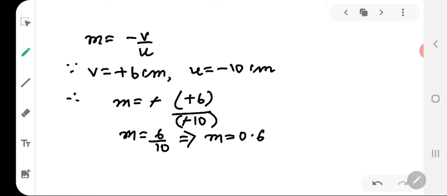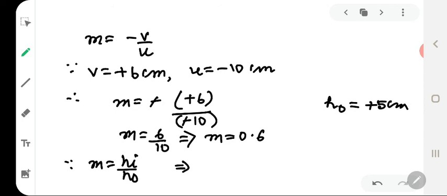Now as we all know that magnification is also equal to height of image by height of object. So now we can see that m is 0.6, and it was provided in the question that height of object is equal to plus 5 centimeter.